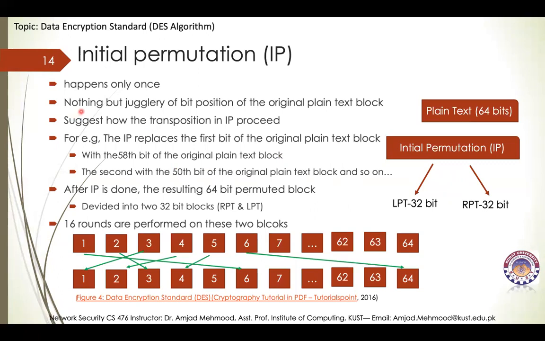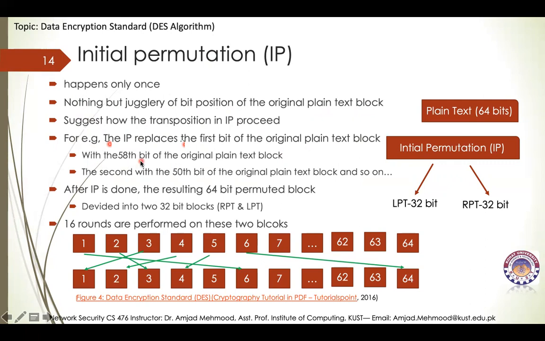So what the permutation is, this is nothing but a jugglery of bit positions of the original plain text. This suggests how the transposition in initial permutation proceeds. For example, the initial permutation replaces the first bit of the original plain text block with the 58th bit.